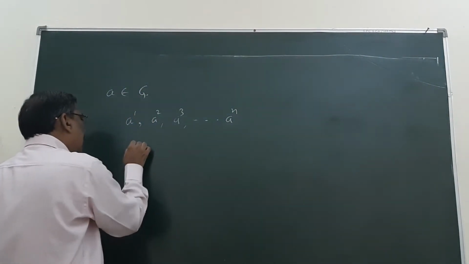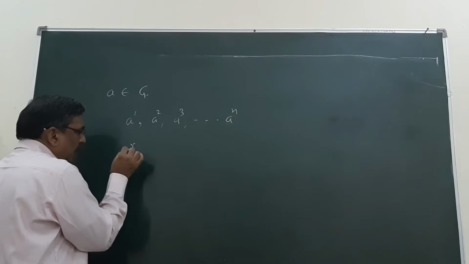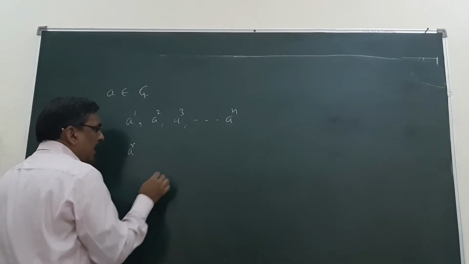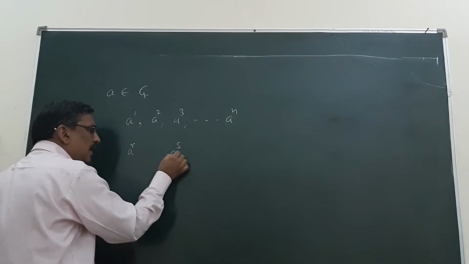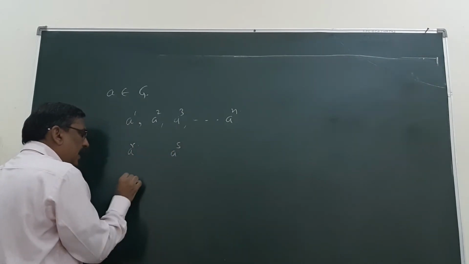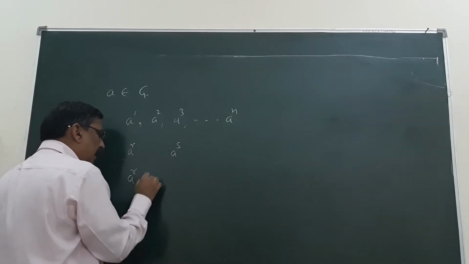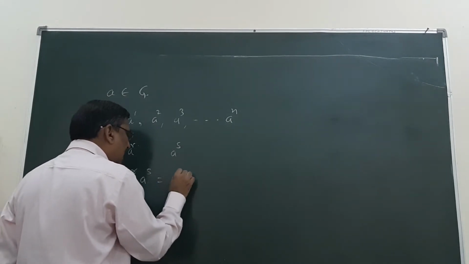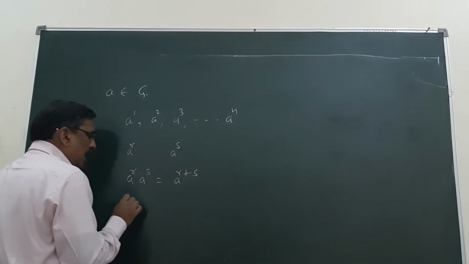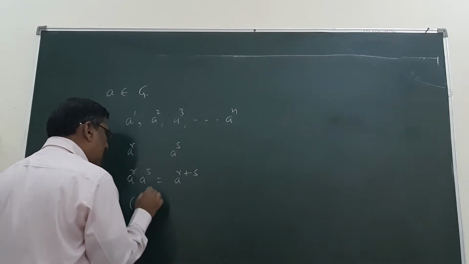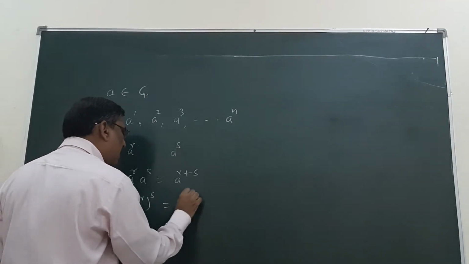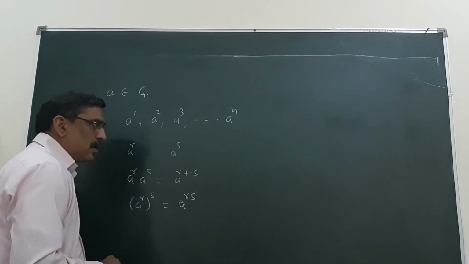If a^r is an integral power of an element a and a^s is another integral power of a, then a^r times a^s can be written as a^(r+s), and (a^r)^s can be written as a^(rs).